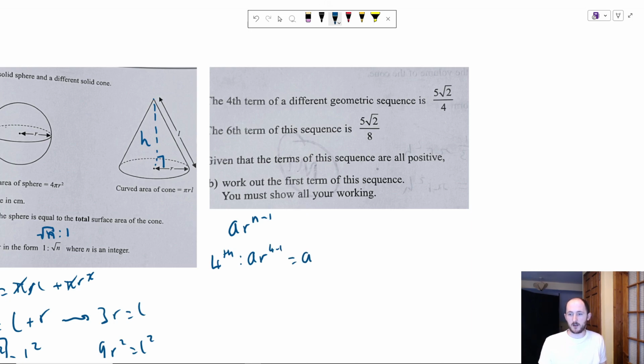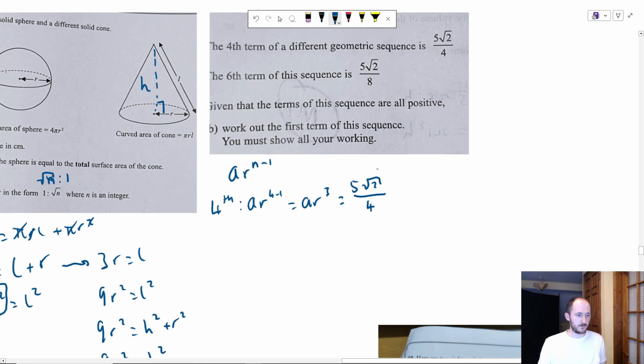So that's AR cubed is equal to 5 root 2 over 4. And then for the sixth one, we have AR to the 5 equals 5 root 2 over 8.